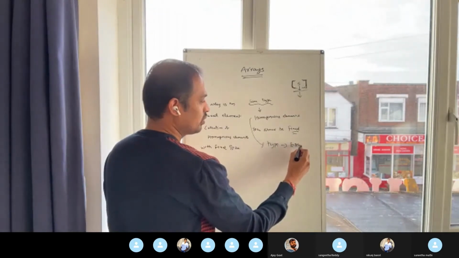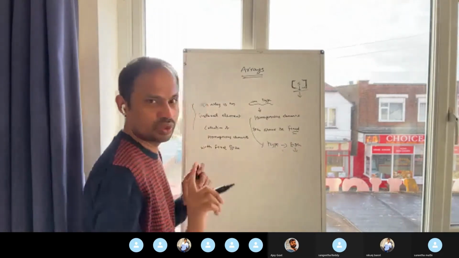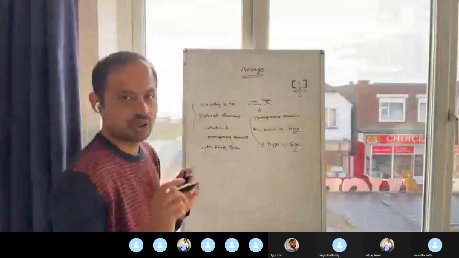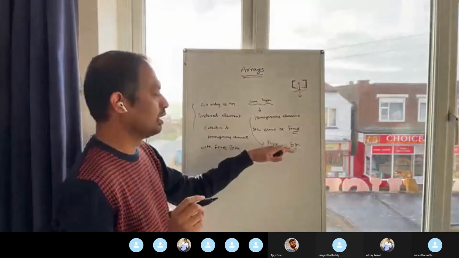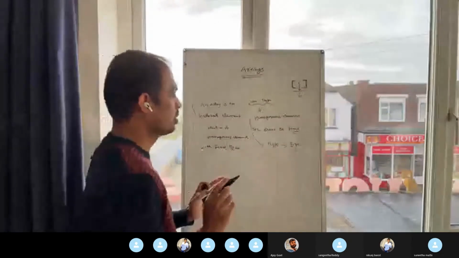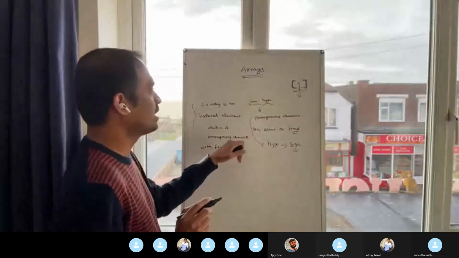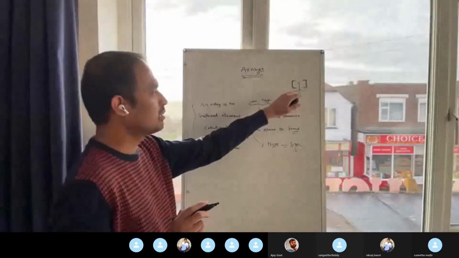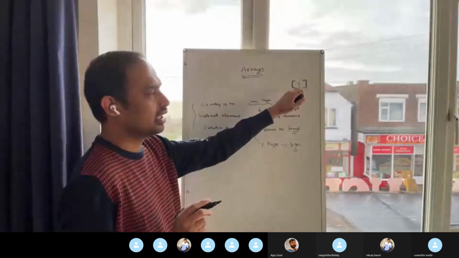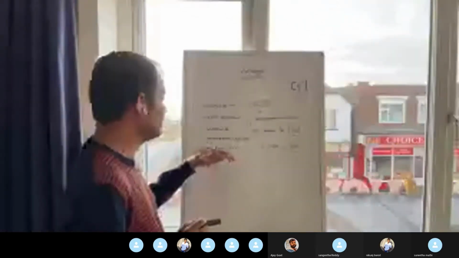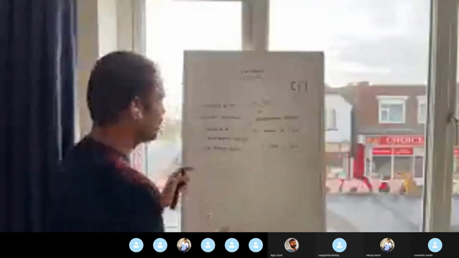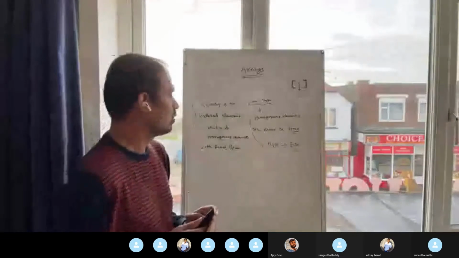The type that you are using, int or short or byte or long, whatever the type, that should be single. And fixed size: we should know the size before we use an array. That's why the size should be fixed. Have you understood what is meant by an array?